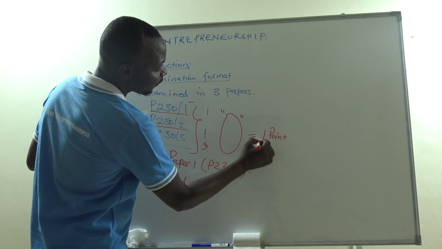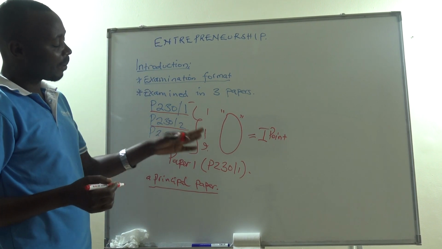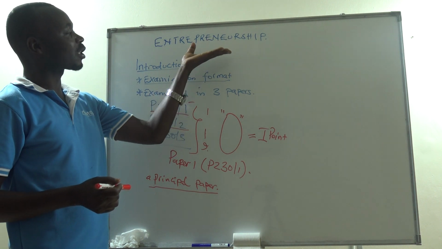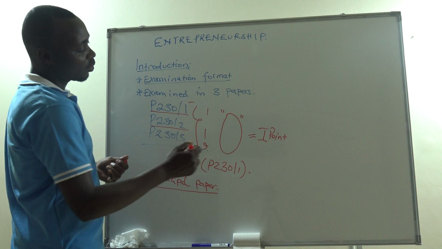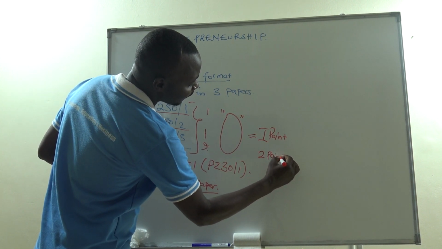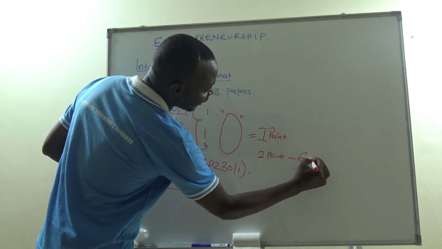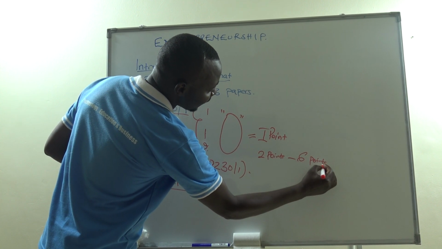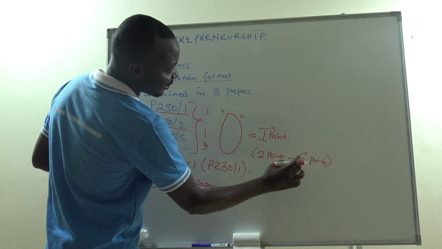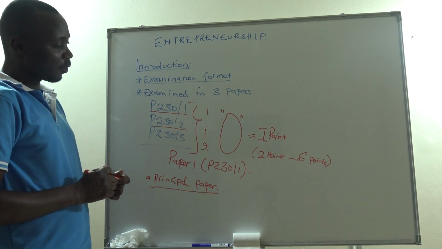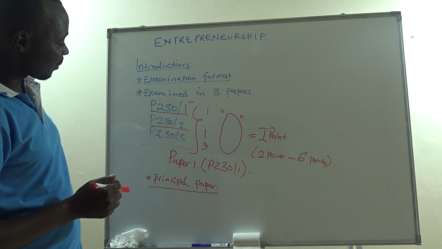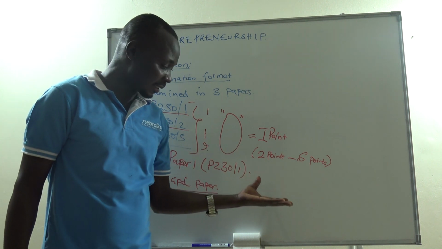Therefore, a learner is said to have passed this entrepreneurship subject when this person has gotten 2 points up to 6 points. If you get 2 points, that is a principal pass. 3 points, 4, 5, or 6, we say that you have passed this subject with a principal pass.